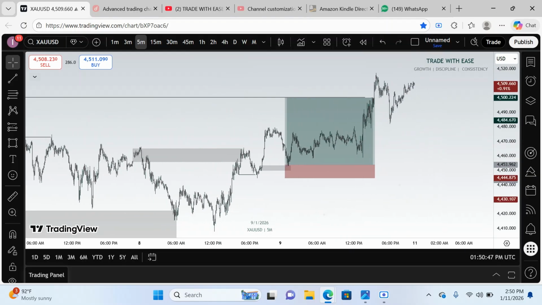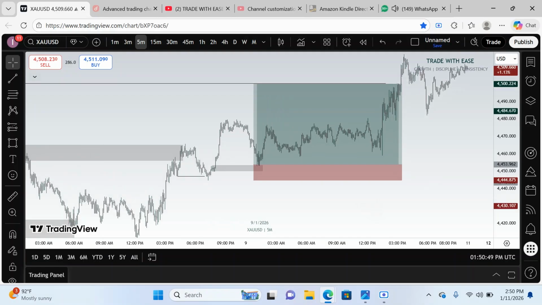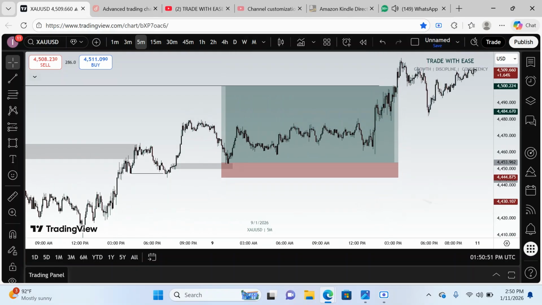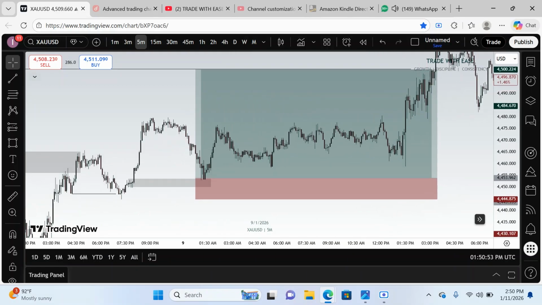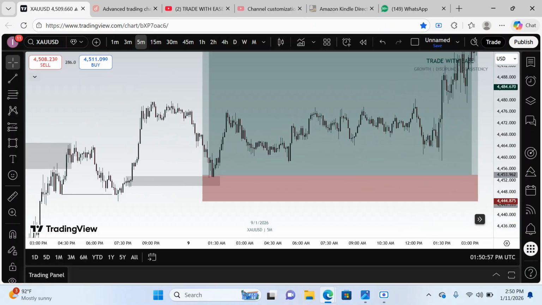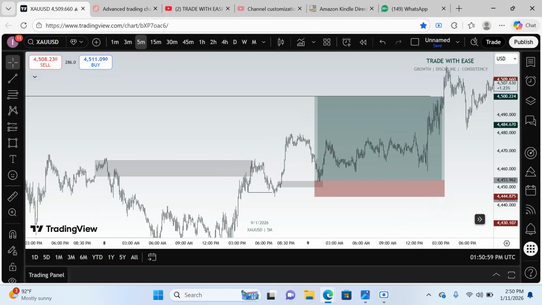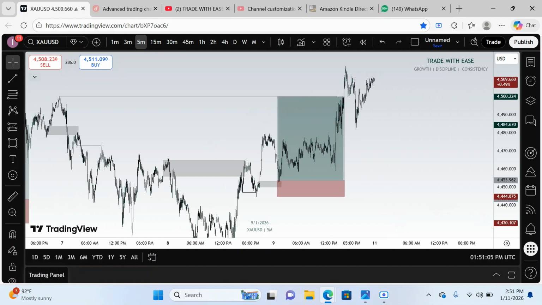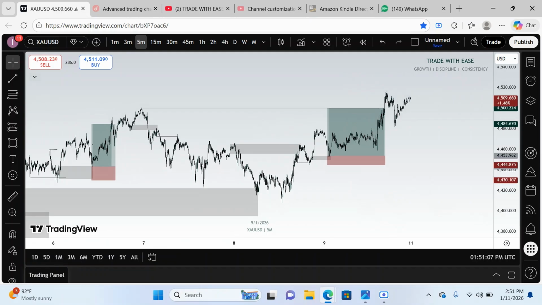So this is how you can actually trade like a professional, and you won't have to just pick trades randomly or without knowing what you are doing. You can't just trade blindly, right? So you can go back on your chart. This is the recent gold price action.